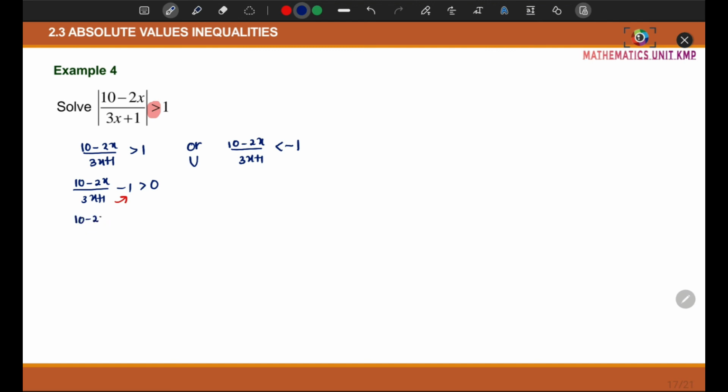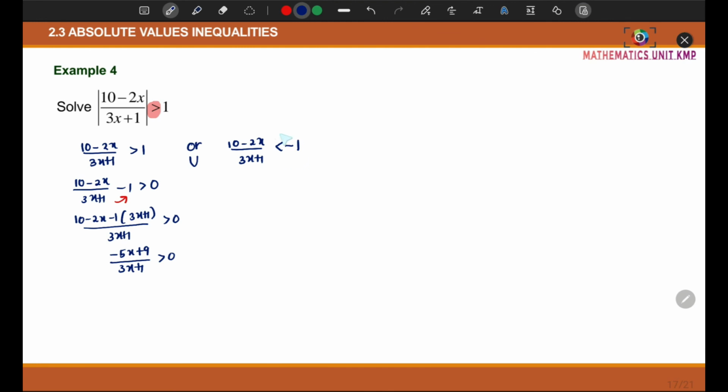So 10 minus 2x minus 1 times (3x plus 1), divided by 3x plus 1, greater than 0. So we simplify, and we will have negative 5x plus 9 over 3x plus 1 greater than 0.